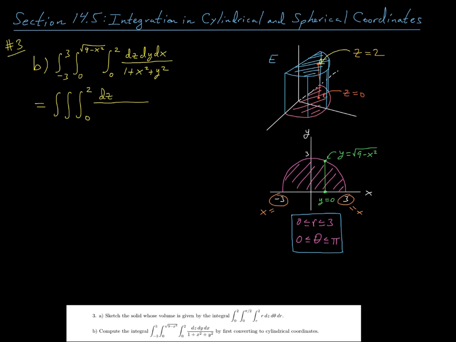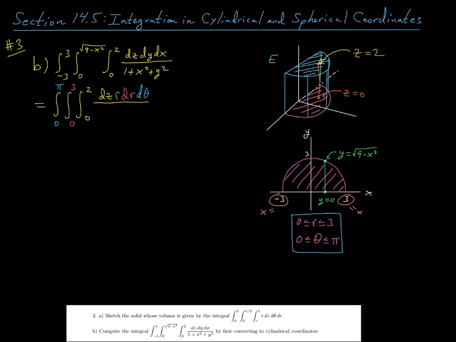And then y and x here, we're going to convert to polar. And so for that, we're going to let r now vary from 0 to 3, and then we're going to let theta vary from 0 to pi, and do not forget that factor of r that comes from the area element in polar.